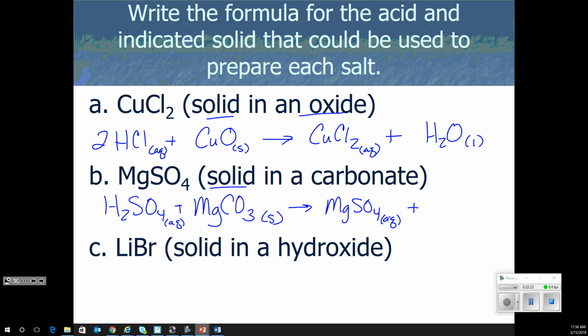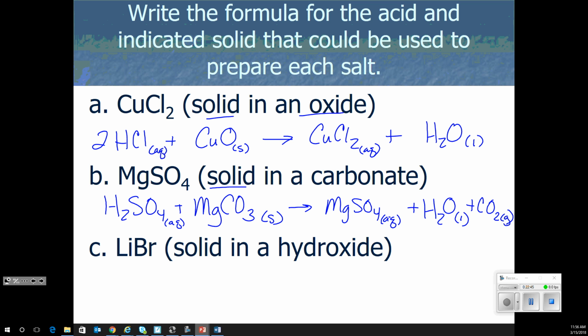Inside, outside, but this one had a trick. So we did the insides to make magnesium sulfate. The outsides are going to make what? Carbonic acid, which quickly decomposes into water and carbon dioxide. You've got to recognize that. CO2 and water. So CO2 is a gas.